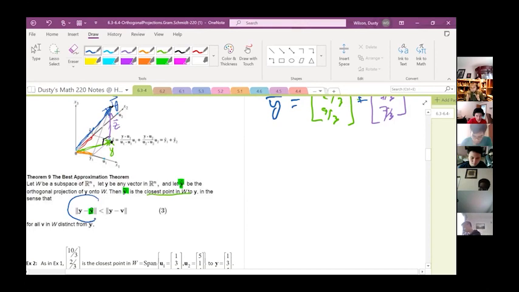Think about it as a magnitude or a norm or a length, or in this case, a distance, that the distance between Y and Y hat is less than the distance between Y and any other vector that's in that space. In 2 dimensions and 3 dimensions, this should be intuitive because the Y and the Y hat are just 90, like it's a projection. And so you've got that 90-degree angle.